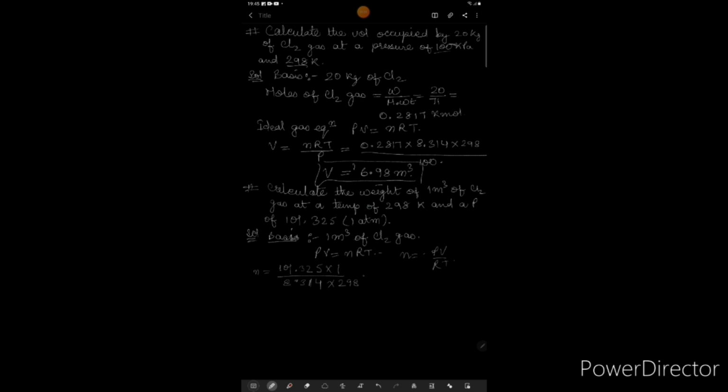So number of moles comes 0.0409 kilomole. Okay, kilomole. So weight of chlorine gas, weight equal to what? Weight equal to mole into molecular weight equal to 0.0409 into molecular weight of this one is 71. So here 2.094 kg.